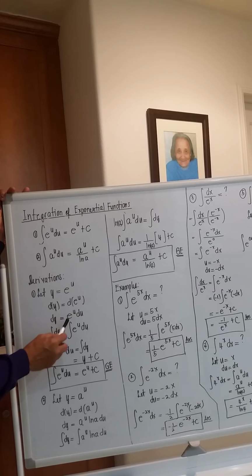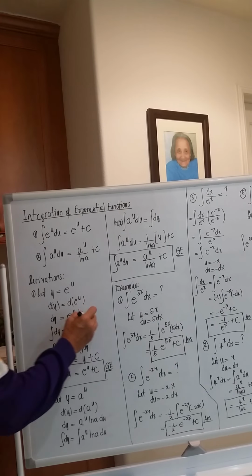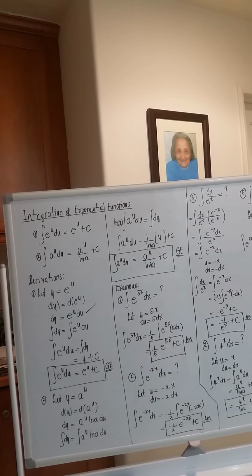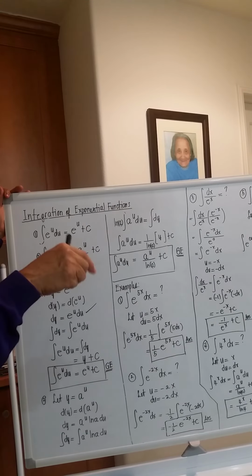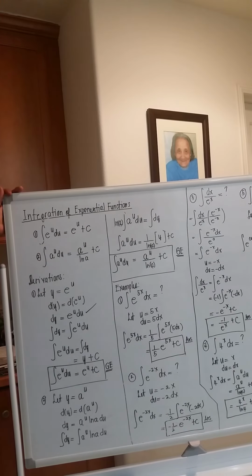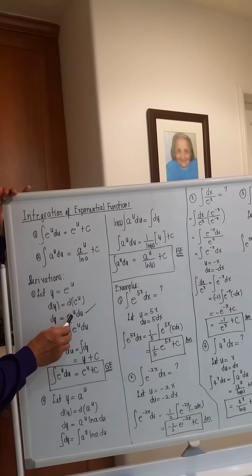And for the differential of e to the u, use your knowledge of differentiating e to the u under differential calculus. It is simply e to the u times du. That is one of the formulas for differentiating exponential functions under differential calculus.